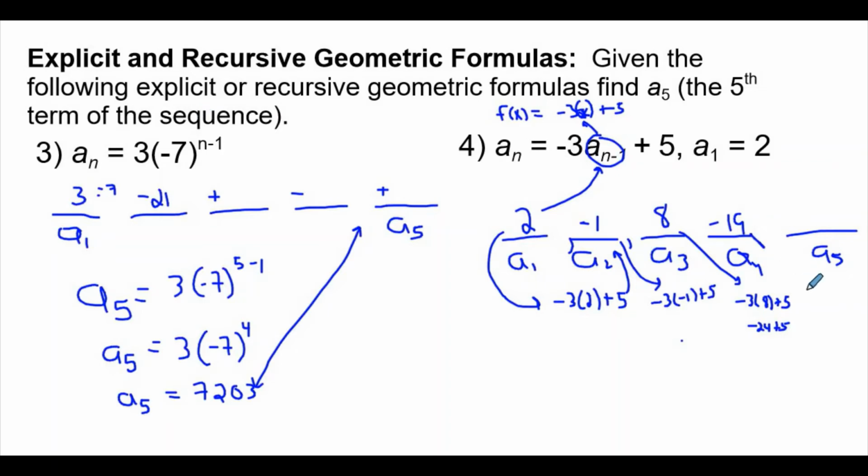And then I plug negative 19 into the formula, right? Negative 3 times negative 19 plus 5. And that's going to be, negative 3 and negative 19 make positive 57. And then plus 5 makes 62.